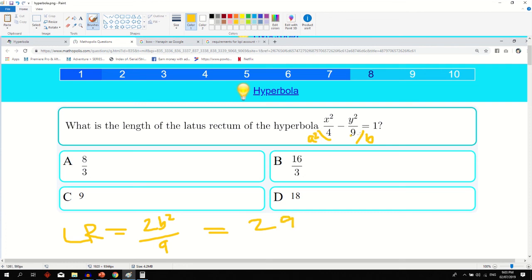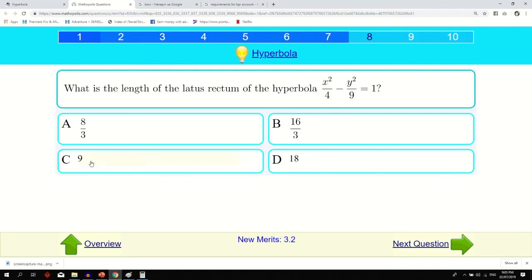So this is a square, this is b square. 2 times 9 over a. What will be a? 18 divided by 2 is equal to 9. So this will be the final answer.